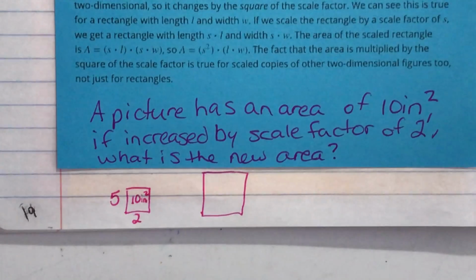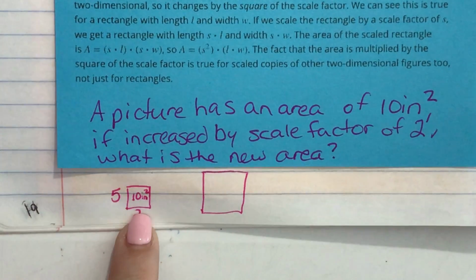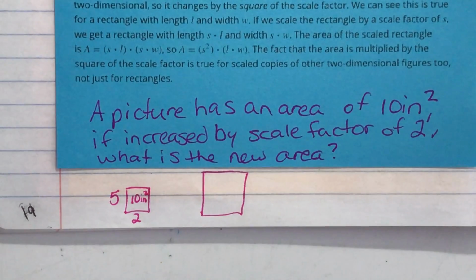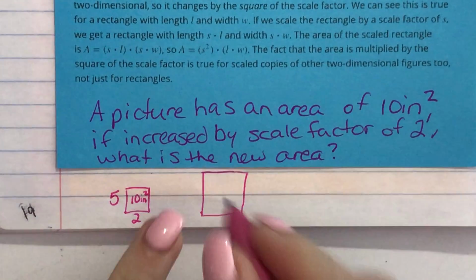Okay, so if the scale factor is 2, what would my new area be? Remember, again, they didn't give me measurements, but I should be able to figure that out. If I knew the original is 10 inches squared, what is my new area going to be in the new one? Carolina? How did you get 20 inches? You don't have any sides written down.